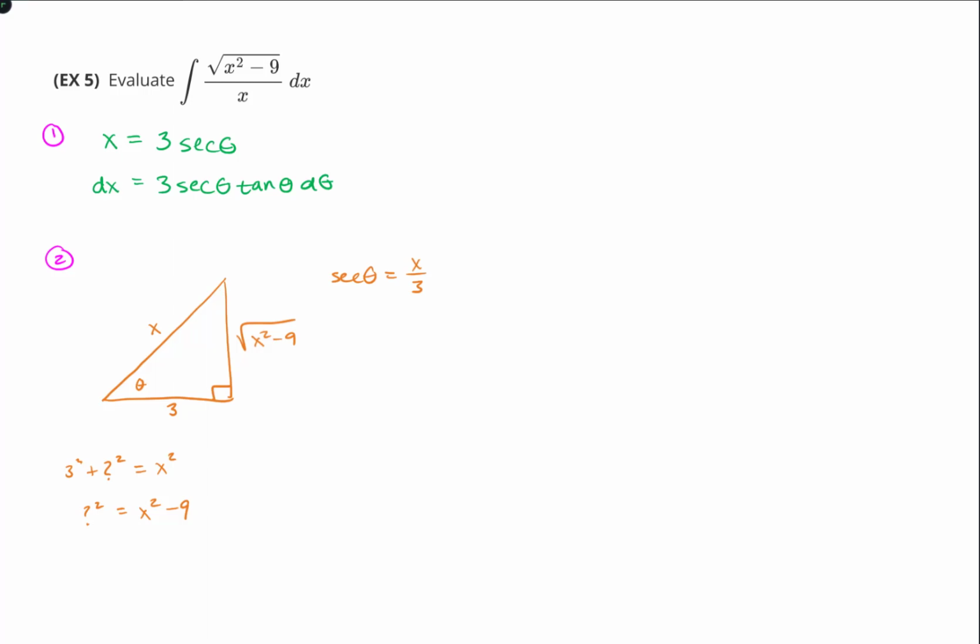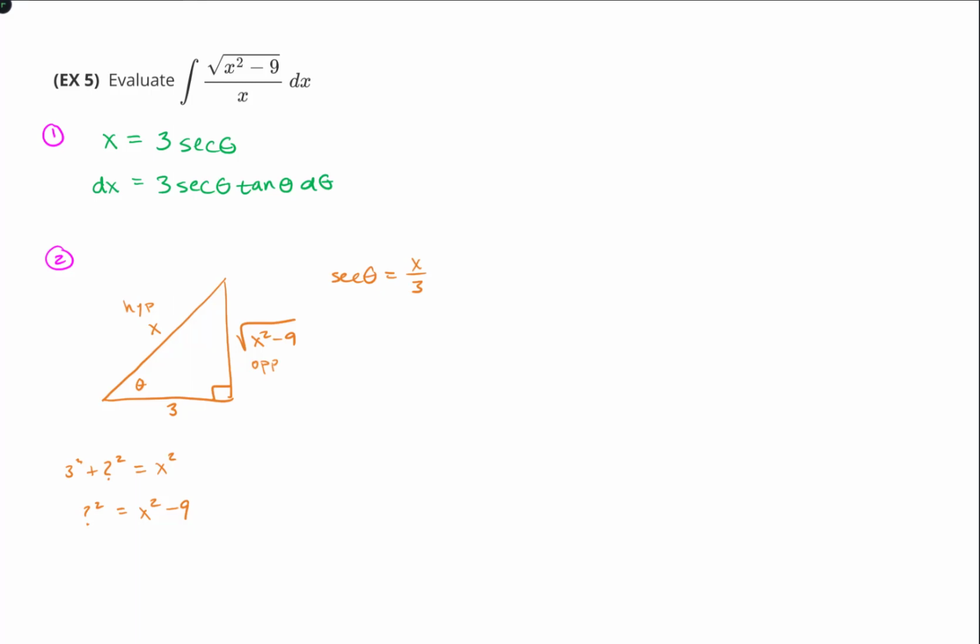So now I'm ready to figure out something to substitute with here. I have something to substitute x for, and I can figure out something to substitute the square root for. But here's the cool thing. What I'm looking to do is substitute square root of x squared minus 9 divided by x. I can actually set up this side, which is the opposite side, and this side, which is the hypotenuse. The opposite and the hypotenuse is based off of sine.